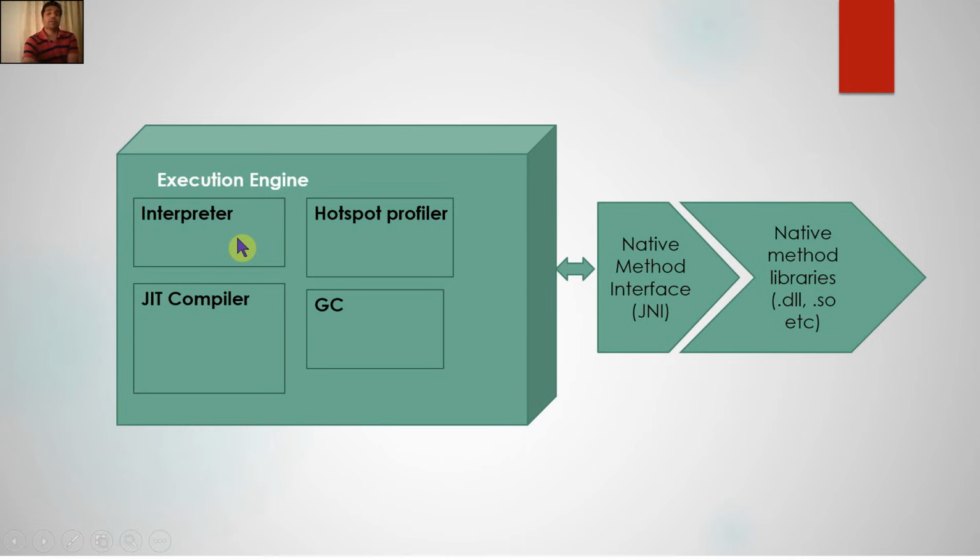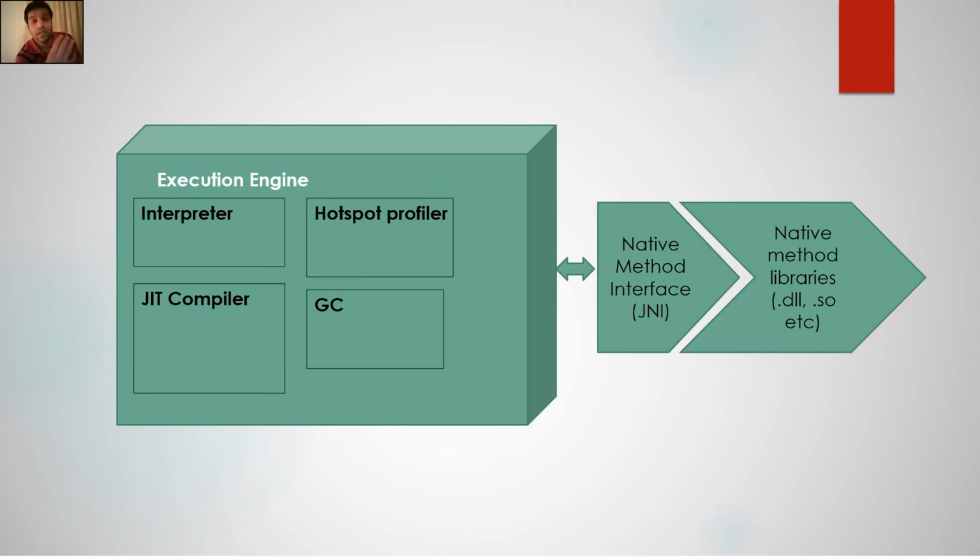So the interpreter takes a bytecode instruction, looks at it, finds out what native operation has to be done, and executes that native operation. That is done using the native method interface, which interfaces with the native method libraries present in the JVM.